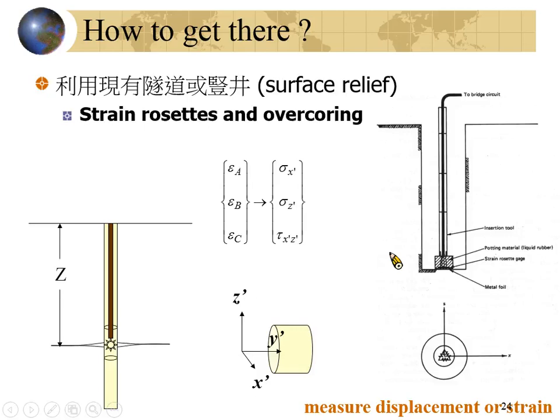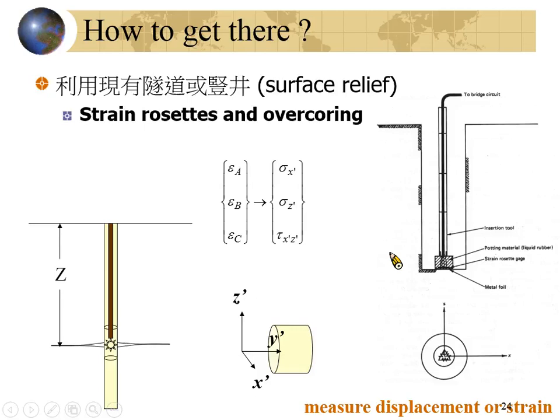So you need to perfectly attach the strain gauge on the rock surface. It will be the same idea. You will try to attach the strain gauge tightly on the polished surface of the rocks. Then you can overcome the surface disturbance a little bit.